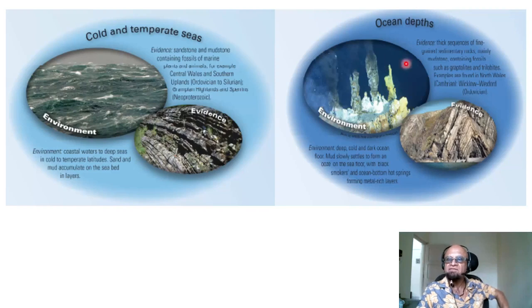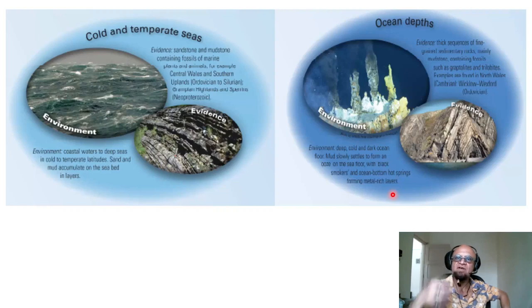Ocean depths have an environment like this, with geothermal vents and reefs forming. So the environment would be a deep, cold, dark ocean floor. Mud slowly settles to form an ooze on the sea floor, with black smokers and ocean-bottom hot springs forming metal-rich layers.